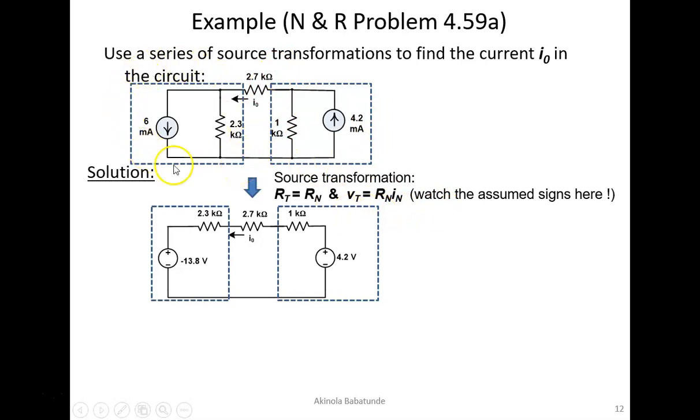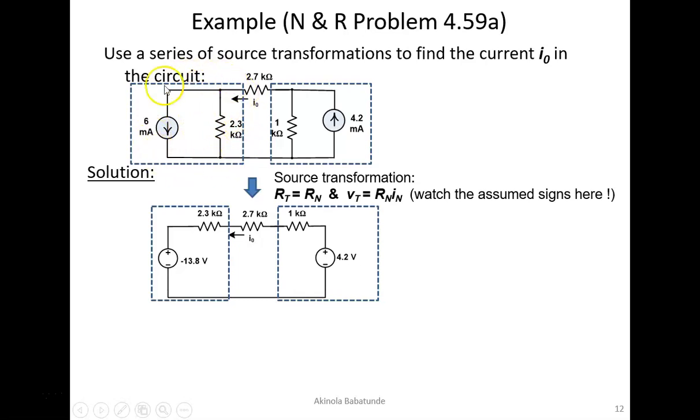When you isolate the left-hand side of the circuit, you can use these source transformations to find out what happens next. So we are trying to convert this current source to a voltage source and convert this resistance that is in parallel with this current source to a series resistance.